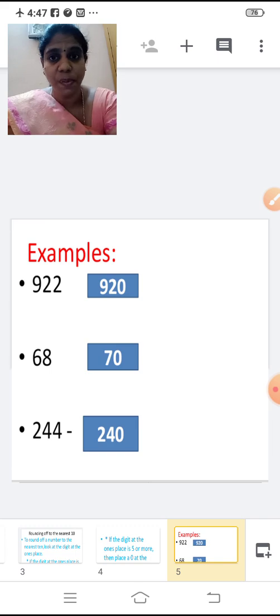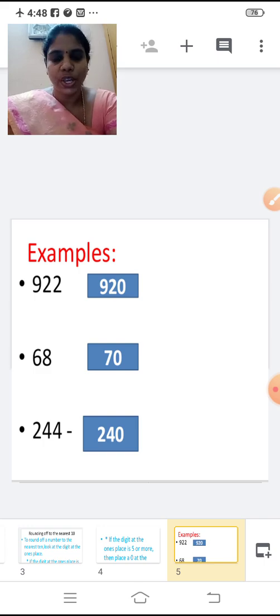Whether any changes will be there. We have to add 1 to the digit at the tens place. So what digit we are having in the tens place now? 6. So 6 plus 1, 7. Very good. So 68 is rounded off to 70.